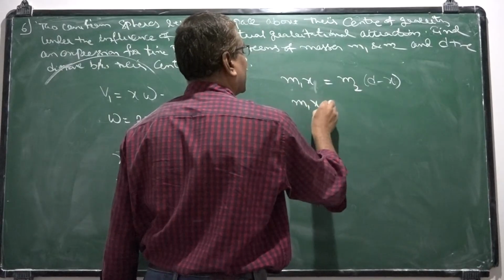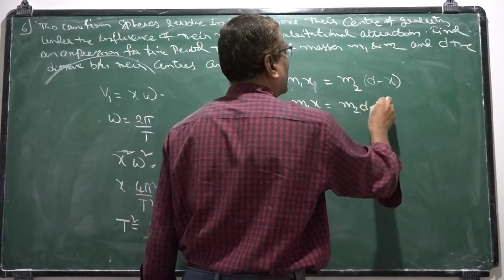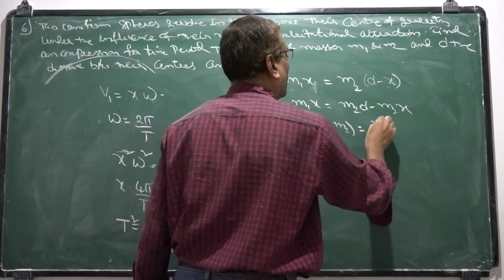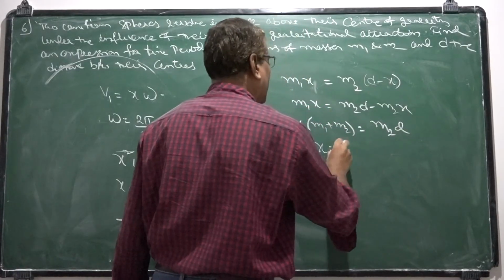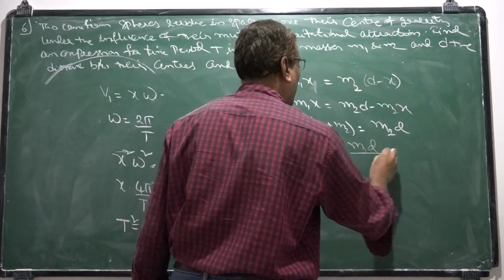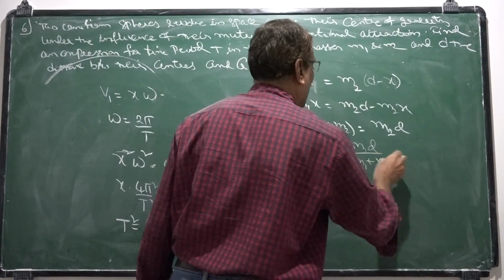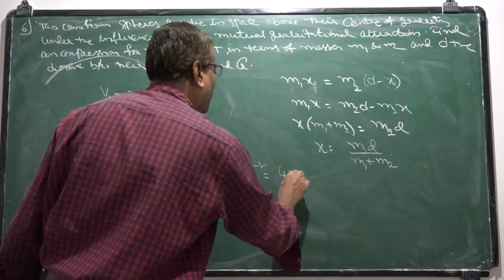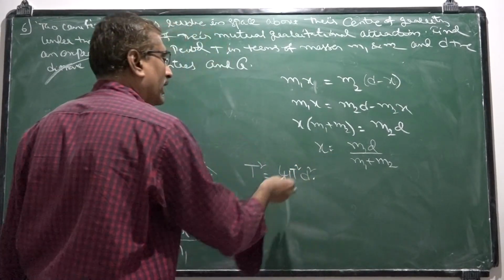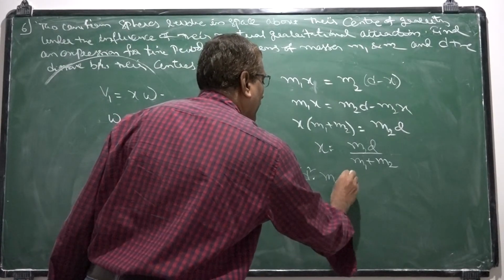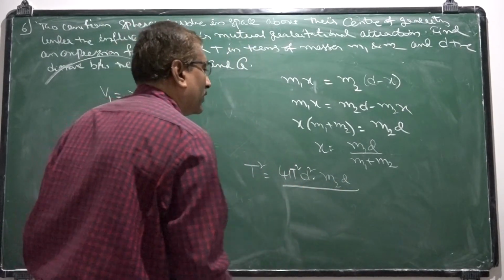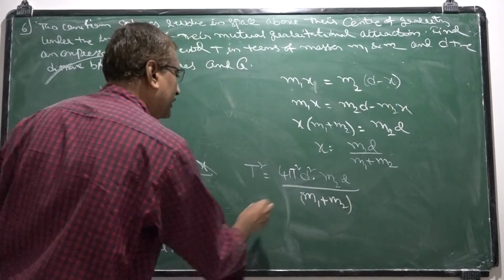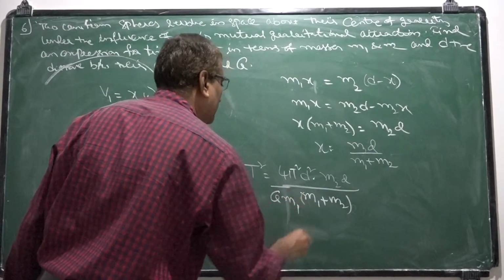So m1 x is equal to m2 d minus m2 x. So x into m1 plus m2 is equal to m2 d. So x is equal to m2 d by m1 plus m2.